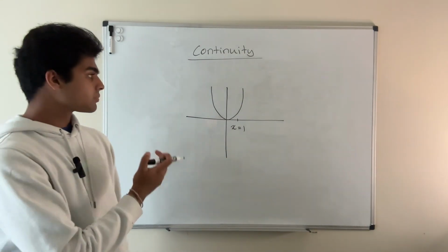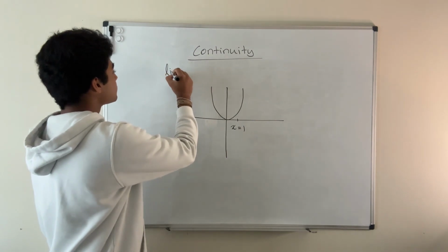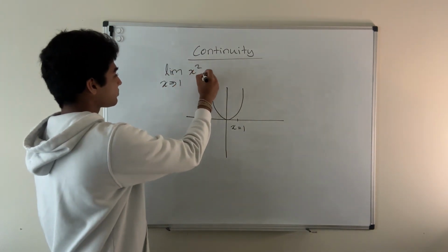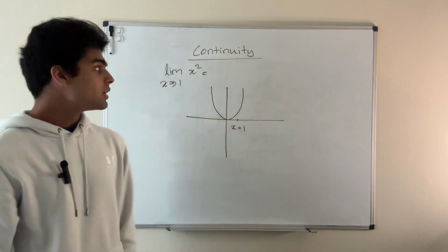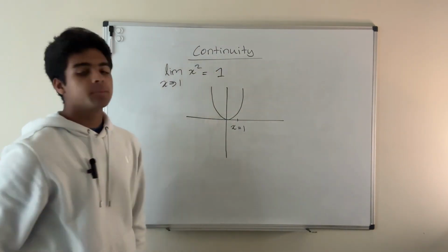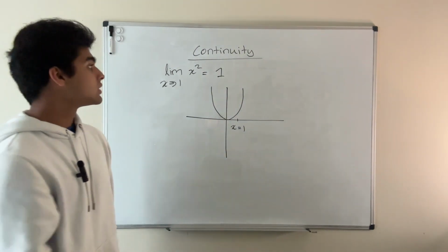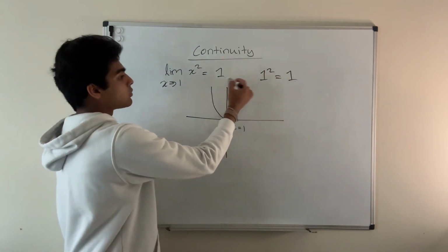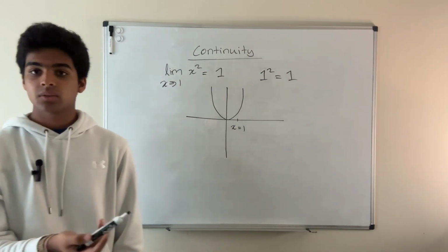For this, we have to first figure out the limit, the limit as x approaches 1 of x squared. We can just plug in 1 into the function, and we get the limit as x approaches 1 of x squared equals 1. Then we also have to find what f of 1 is. f of 1 would just be 1 squared, which is 1. And you can see that 1 equals 1, so the function is continuous at this point.